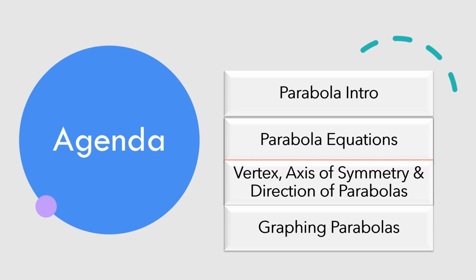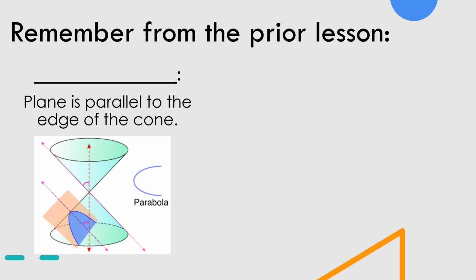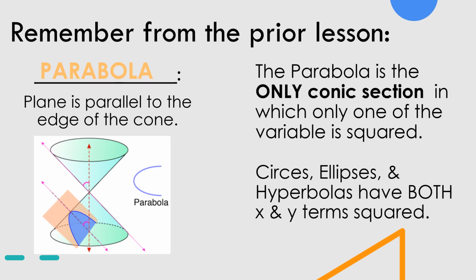The one thing that's going to be new is we're going to graph a horizontal parabola instead of just the regular vertical parabolas. So from our prior lessons, we said that the plane is parallel to the edge of the cone. That's what gives us the shape when we cut through our cone. And then some basic info comparing parabolas to the other conic sections.